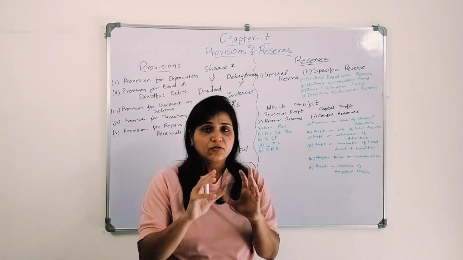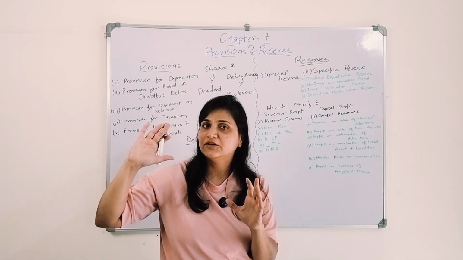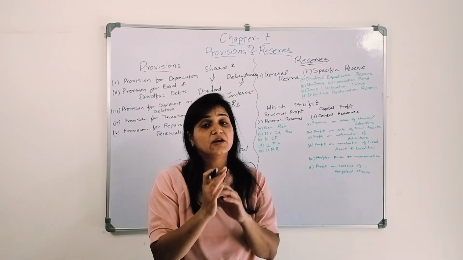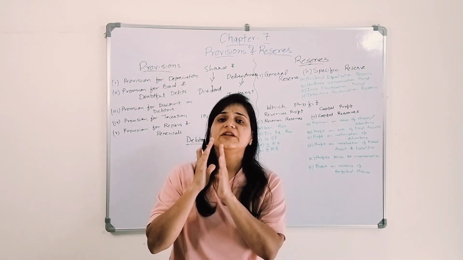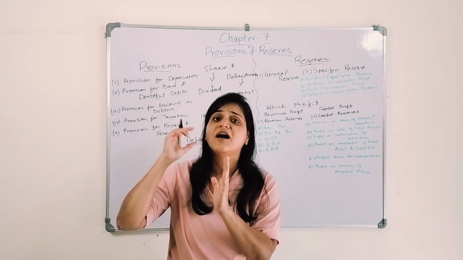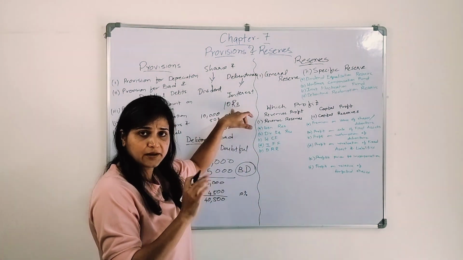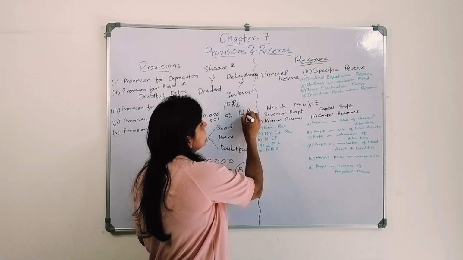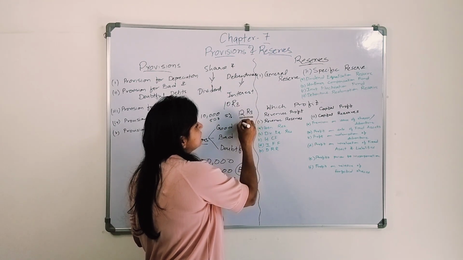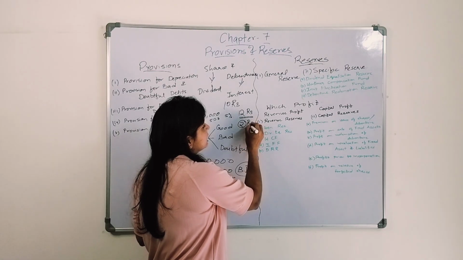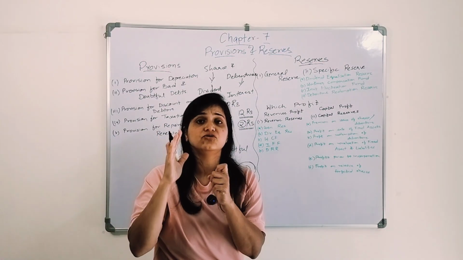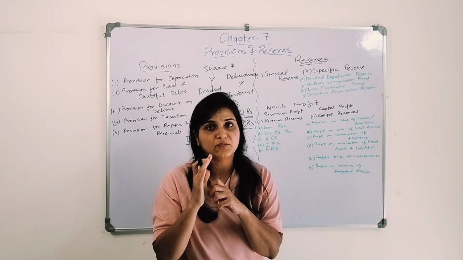Now the company is earning good profit and you want to invest in that company. So what does the company do? The company issues the shares at a higher amount than the face value, let's say 12 rupees. So this 2 rupees at a higher price than the face value is known as the premium amount.